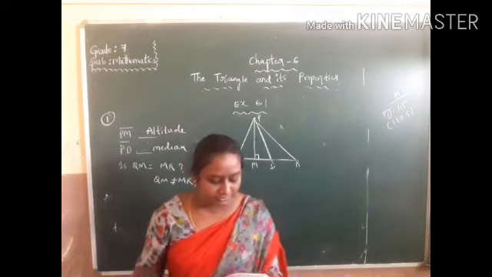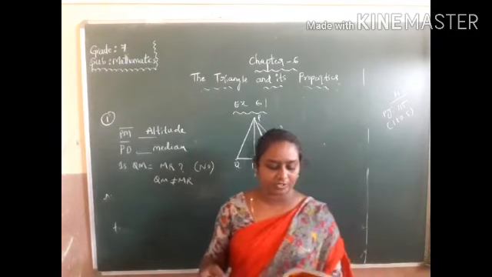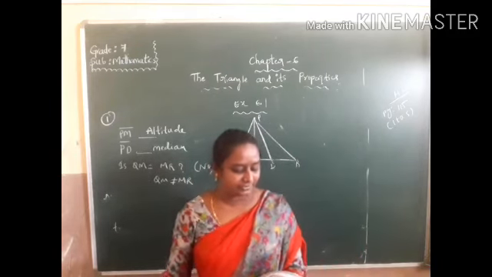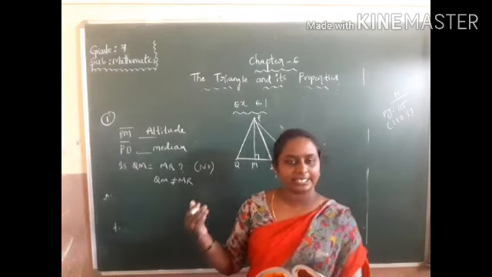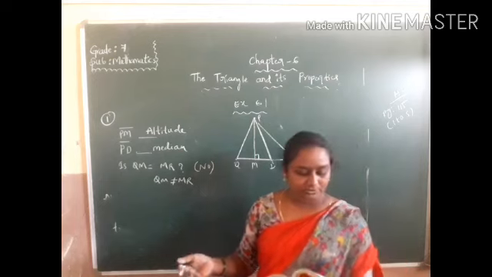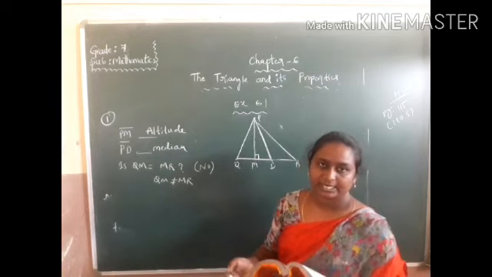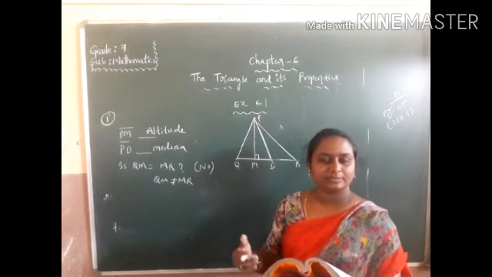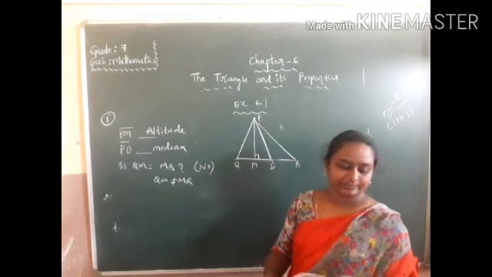Okay children, come to the second one. Draw rough sketches for the following. In triangle ABC, BE is a median. You know how to draw a median, so draw a rough sketch of triangle ABC and draw the median BE.